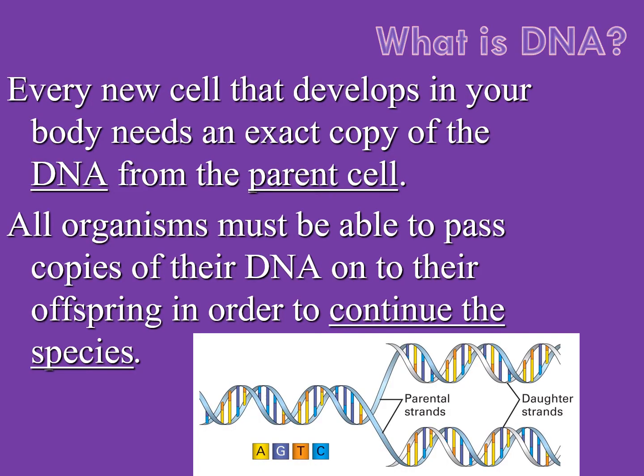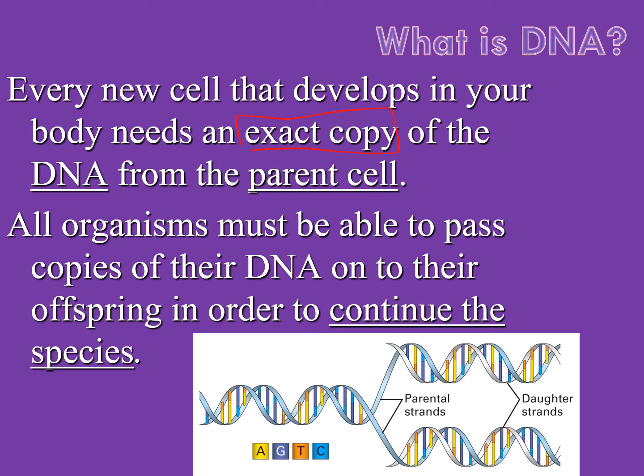Of course, what is DNA? Every new cell that develops in your body needs an exact copy of DNA from the parent cell. If this is body cells, and it's an exact copy, we remember that was mitosis, right? But we do need DNA in every cell, an exact copy.